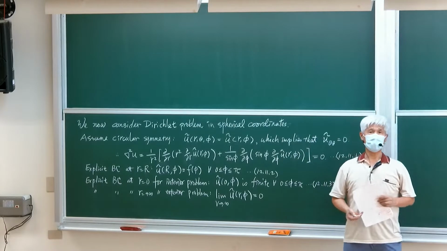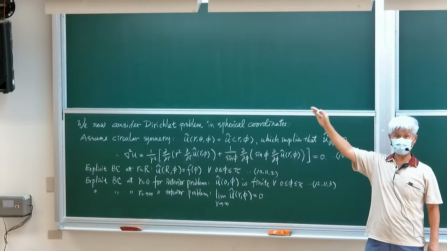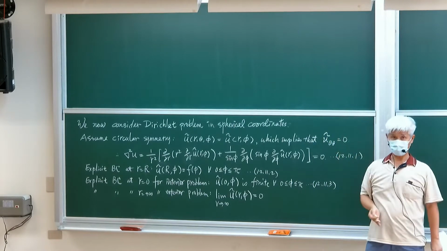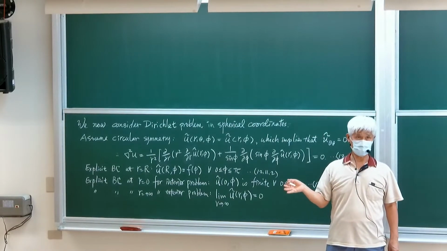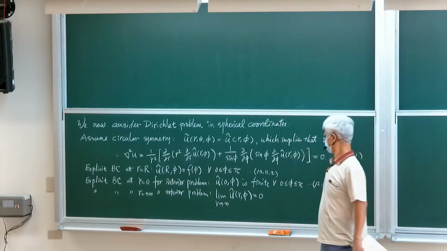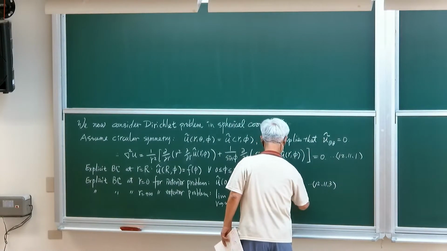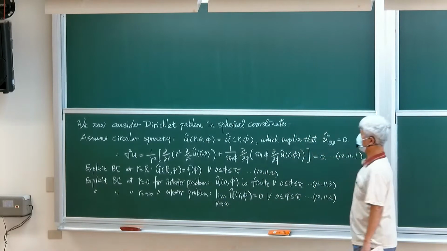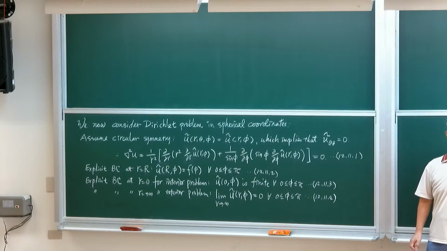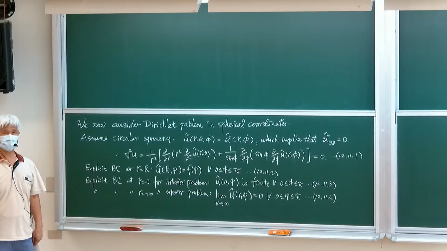So for the exterior problem, when r goes to infinity, we assume that the potential goes to 0. So this is 12.4. This is our problem there. Any questions?